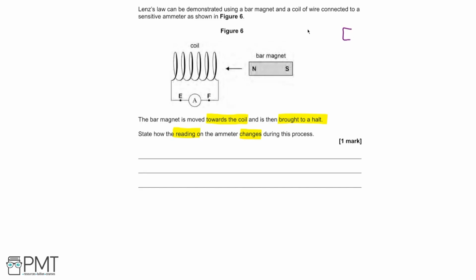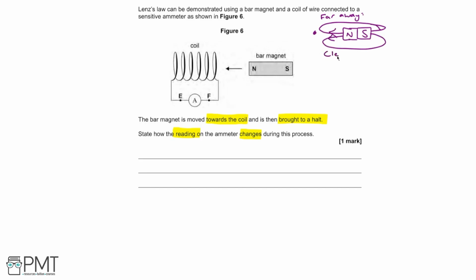Specifically, consider a point somewhere in the coil, and then consider the bar magnet outside of it. Then the field lines from the bar magnet when the bar magnet is far away will look something like this, for two example field lines.